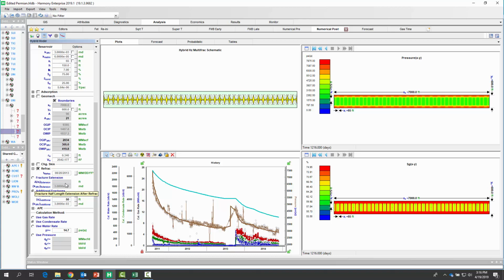The other option, which is what I'm using here, is we can increase the number of fractures. So I'm going from 20 to 40 fractures when this refracture occurred. And what's neat is the new fractures can have a unique half length and SRV permeability compared to the original fractures, just for some more tuning and uniqueness.